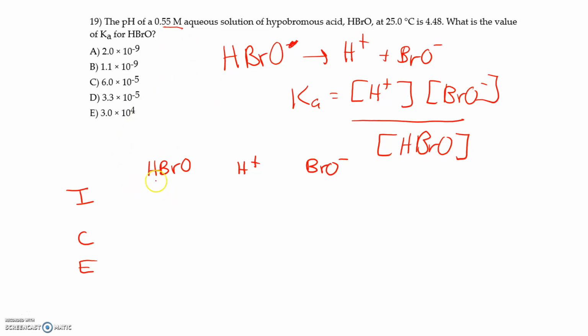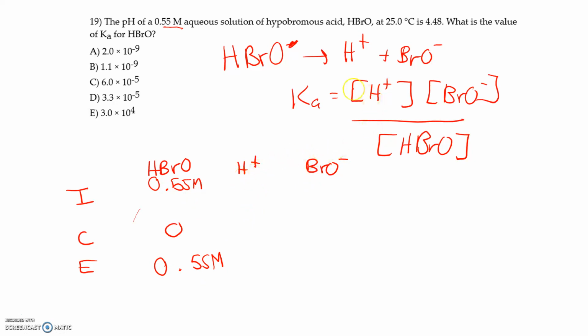Because this is a weak acid and I'm assuming that it's dissociating very, very little, I'm going to say that the change is basically 0, which means that at equilibrium I still have basically 0.55 molar hydrobromic acid.